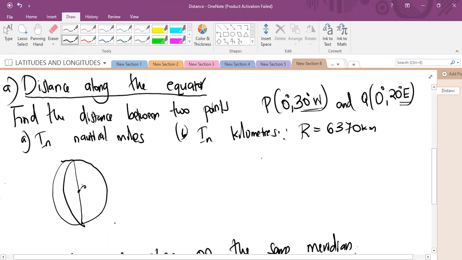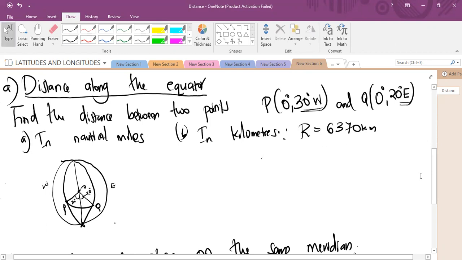Let's say P is somewhere here, 30 degrees west, so 30 degrees. And then we have our Q, which is 20 degrees east. So let's say we have this as our Q over here, 20 degrees east. Okay, so now that is the length that we want.